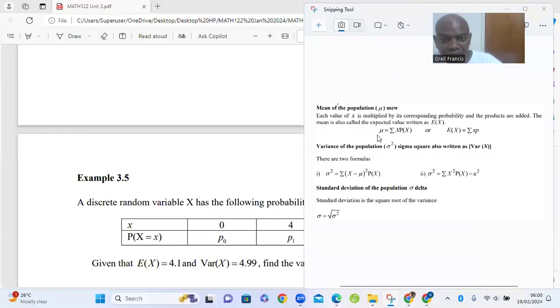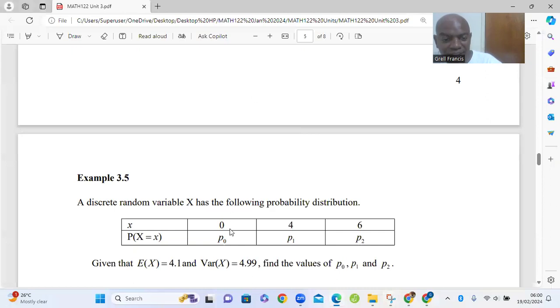Here it is. Mu is equal to the sum of x times p of x, or the expected value, which is another notation for mu, is the sum of x times p.